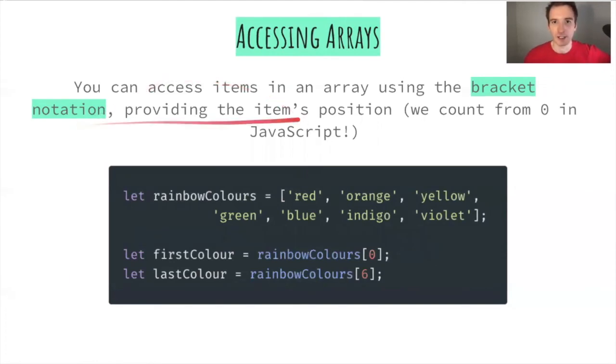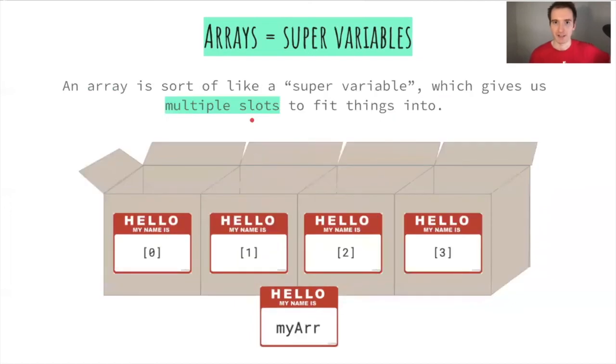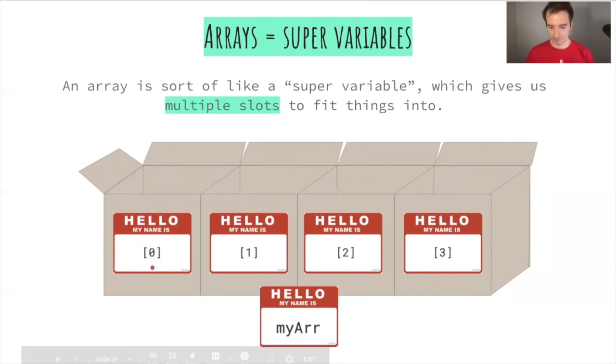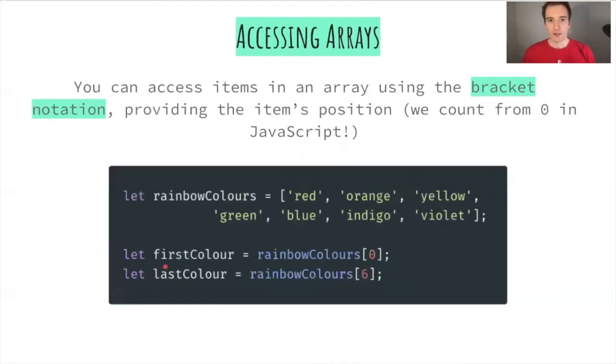Okay, so if we want to use one of these sub boxes in this giant mega box, if we want to get something out of one of these boxes, we use what's called bracket notation. We use the name of the variable and a bracket and then a number, which is the index in the array, like the count in the array, and that will give us back the item inside of that array. Again, we start off at 0 in JavaScript.